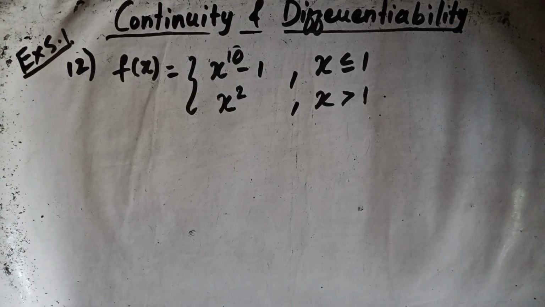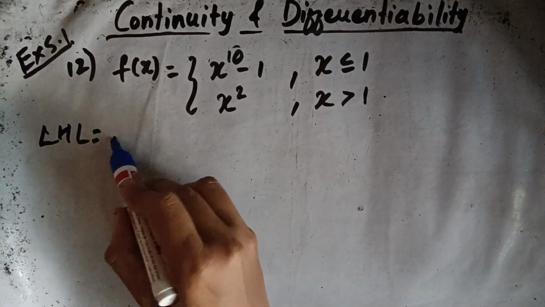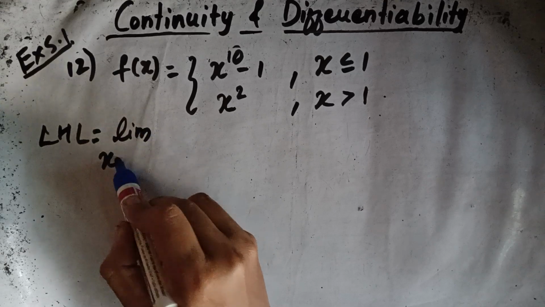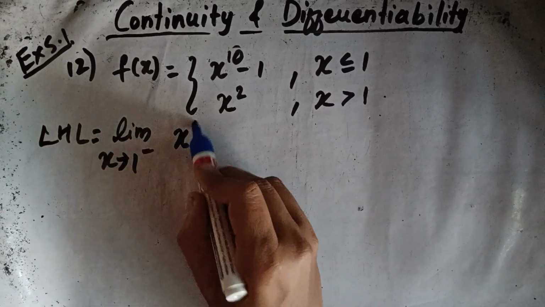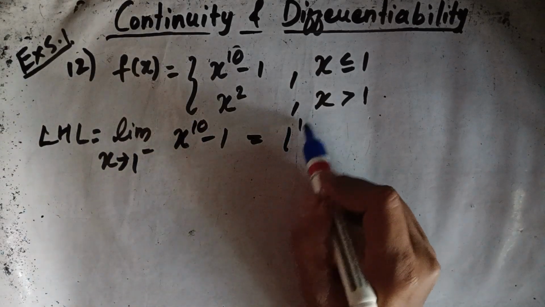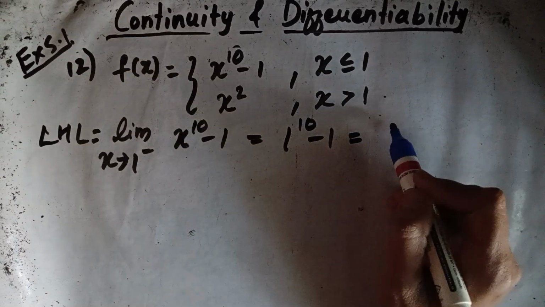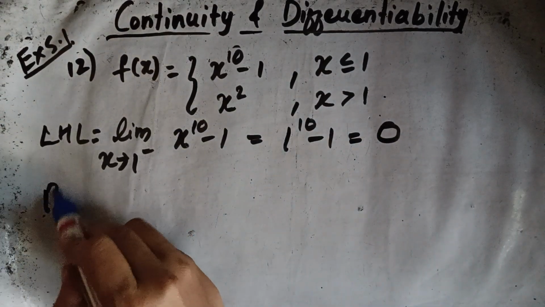Next question, x raised to 10 minus 1 and x square are given. Again the same thing, LHL: as x tends to 1 minus, you take the function x raised to 10 minus 1. So 1 raised to 10 is 1, so this is 0. What about RHL?